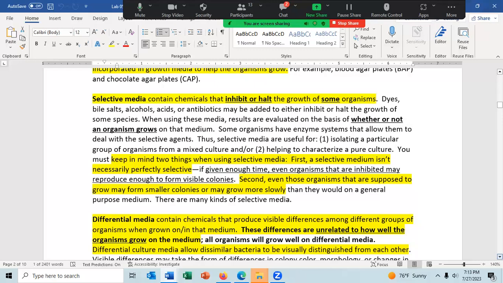So selection is not necessarily perfect. And second, even organisms that are supposed to grow on the selective media may have slightly smaller colonies where the colonies are growing a little slower than they would on a general purpose media. Any questions about selective media?